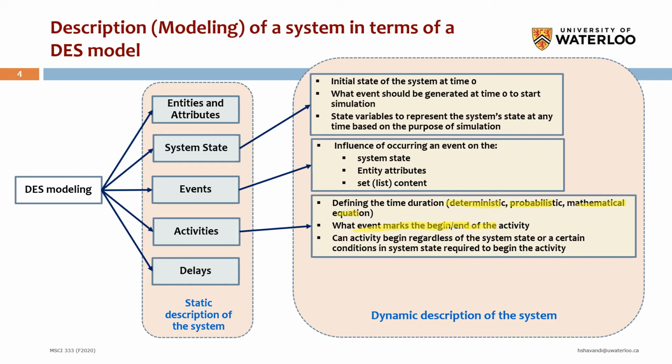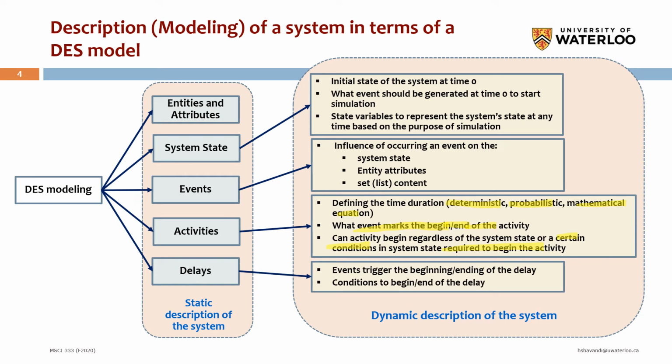And can an activity begin regardless of the system state, or are certain conditions in the system state required to begin the activity? The conditions and situations we need in the system in order to start an activity should be defined here.